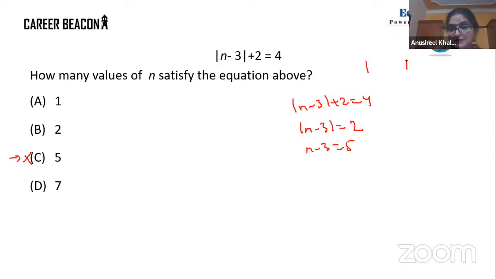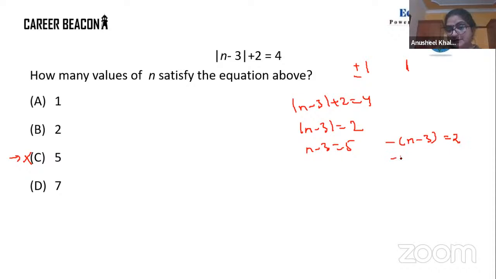Whenever you have an absolute expression, what you need to do is first consider it as a positive expression, and then solve the equation with a negative value for that expression, right? Like you have taken this as the positive one, the next one you have to use is minus of n minus 3 is equal to 2.